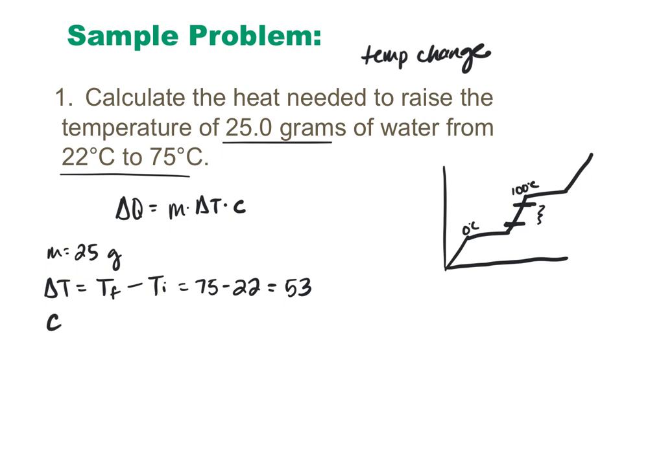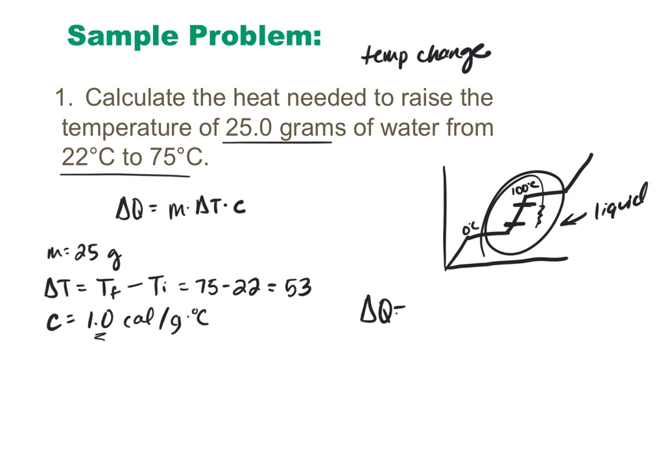And then the C value I'm going to choose is going to be based on what state of matter this substance is in. So this is going to be a liquid. So that means I'm going to choose the C value for water, which is 1.0 cals per gram degrees Celsius. So I'm choosing this constant.